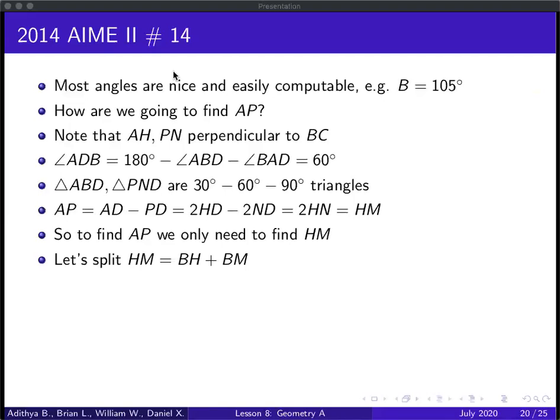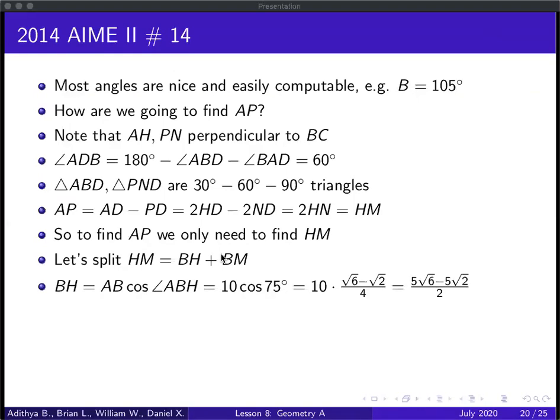Now, let's take a look at BH first. While triangle ABH is right, we know the length of the hypotenuse, and we know its angles, so we can find BH. In particular, BH should be AB times the cosine of angle ABH.